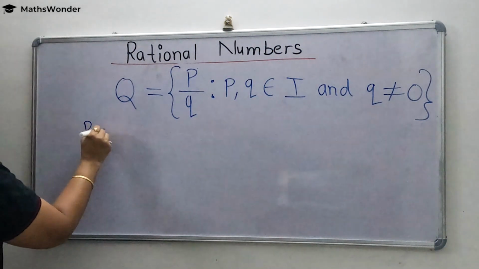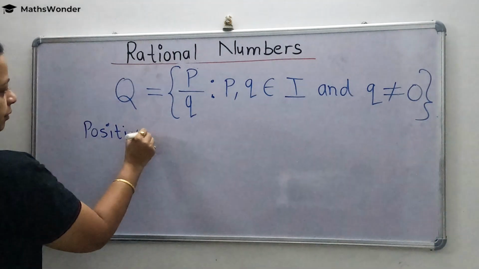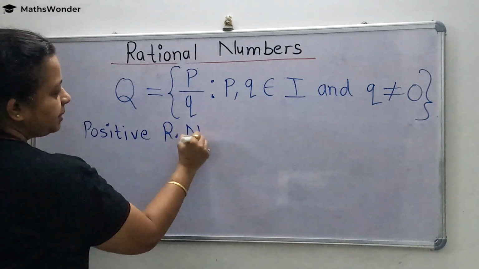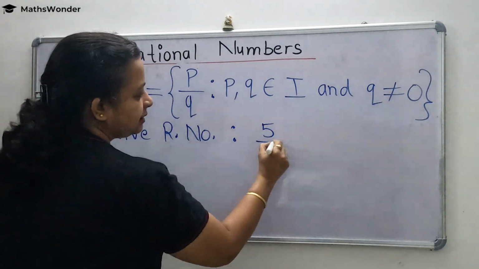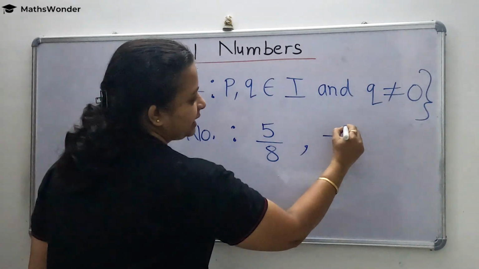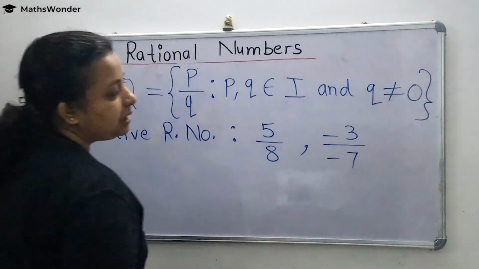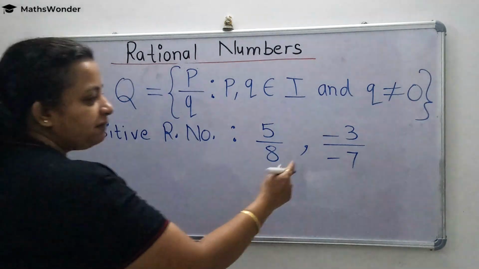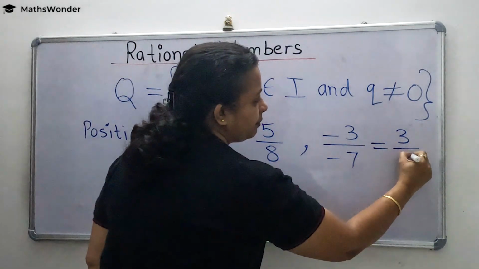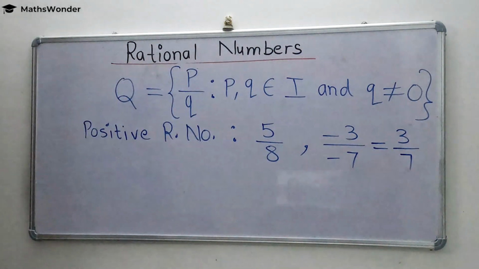So positive rational numbers are, if both are positive, like 7 over 8, or both are negative, suppose 3 over negative 7. Why do we call it positive? Because if you simplify both negatives, it will become positive. The negative we can remove from the rational number and it will become a positive rational number.